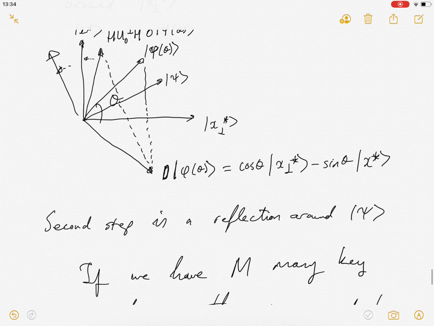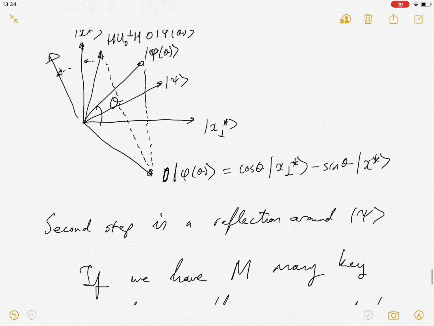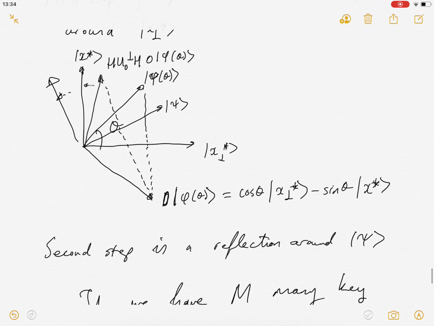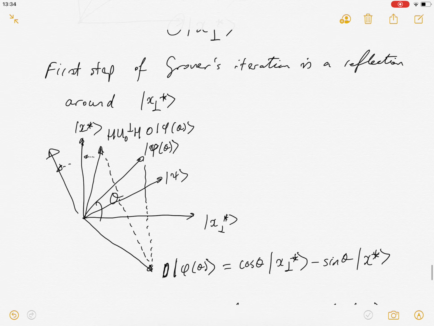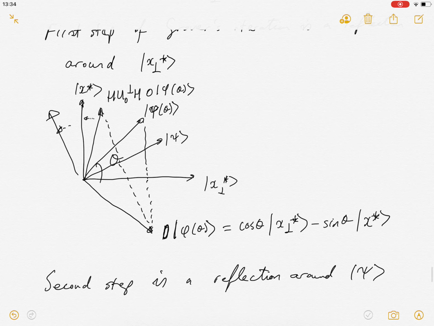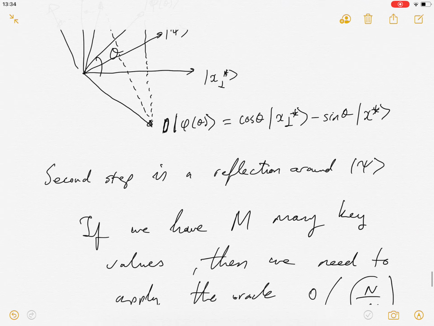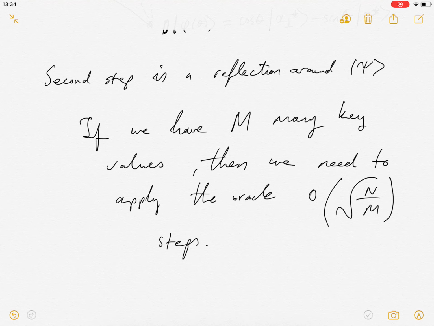In general, this doesn't give us the exact solution. It gives us a solution with high probability. We don't usually apply Grover's iteration exactly square root of n times, but approximately square root n times. But in some cases, this algorithm gives us the exact solution.